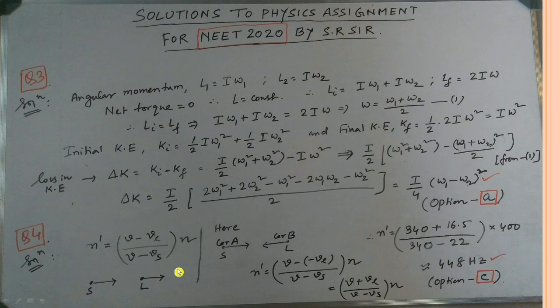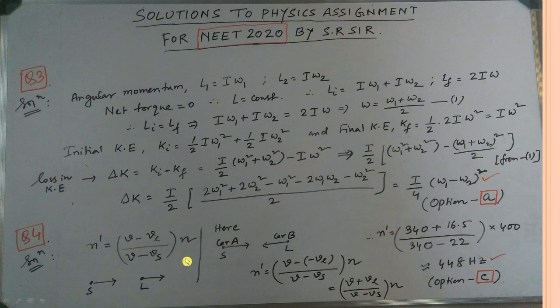This formula is valid for the case where the source and the listener are going in the same direction, whether left, right, upwards, or downwards, it doesn't matter. If the source and the listener are going in the same direction, then this formula holds good.